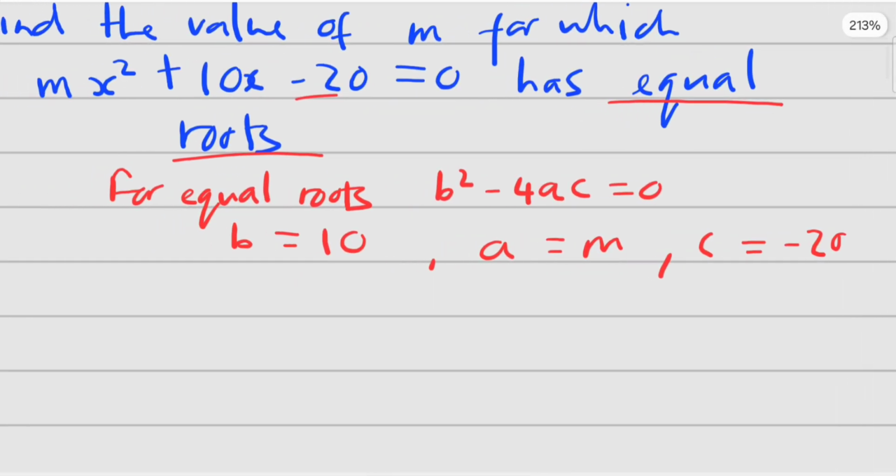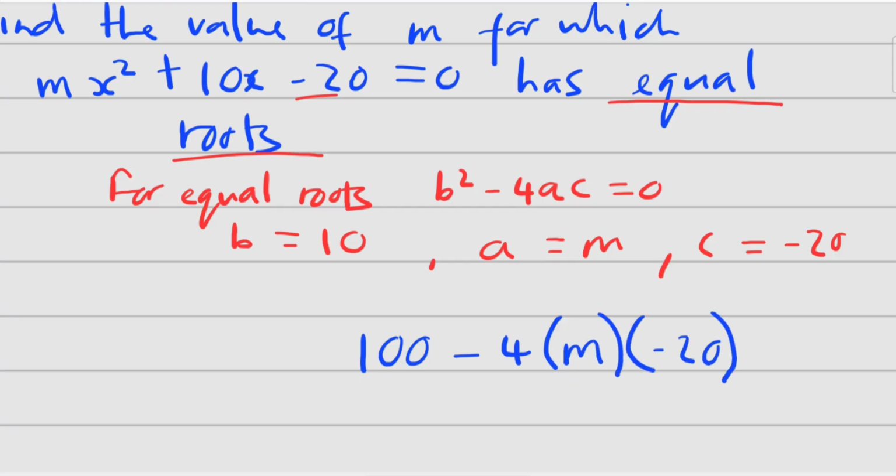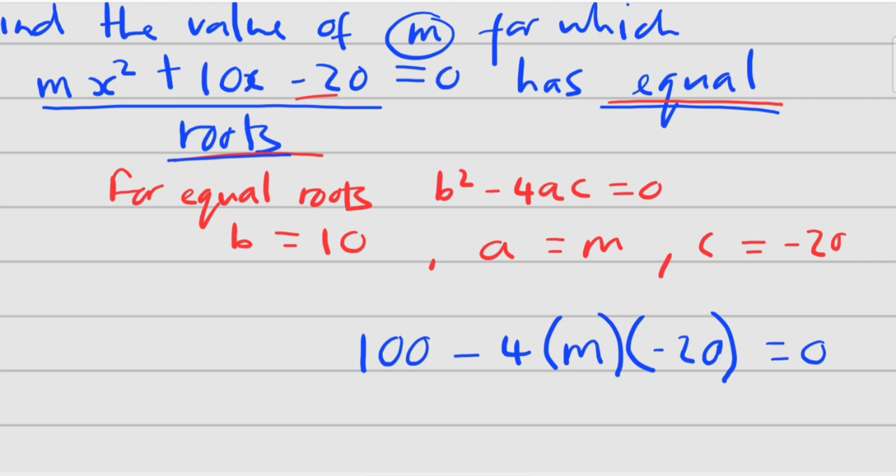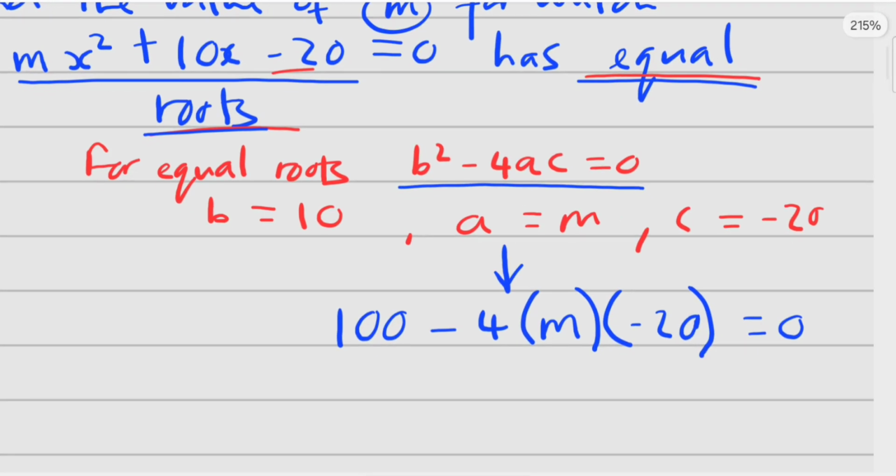And from here now we're saying our b squared, that's 10 squared, which will give us 100, minus 4, our a is m, and our c is minus 20, like this. And you know this is equal to 0, right? Because we're looking for the value of m for which this has equal roots, and we know it can only have equal roots if the discriminant is equal to 0. So that's how we came about this.